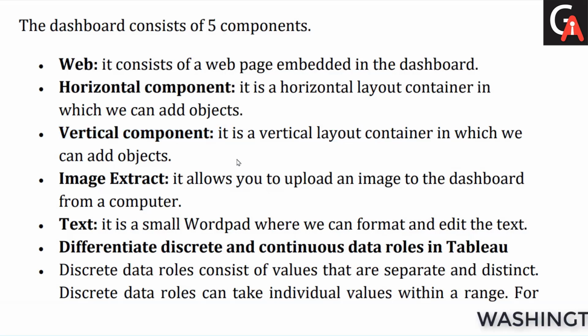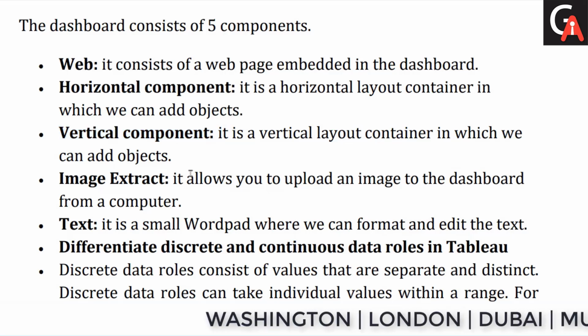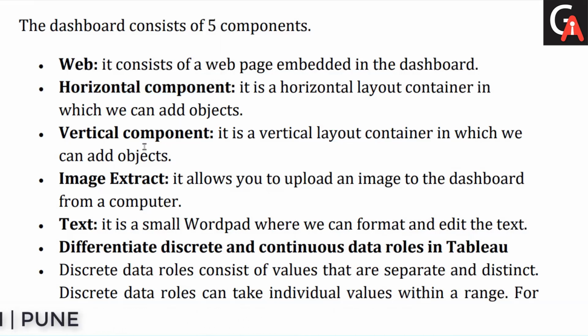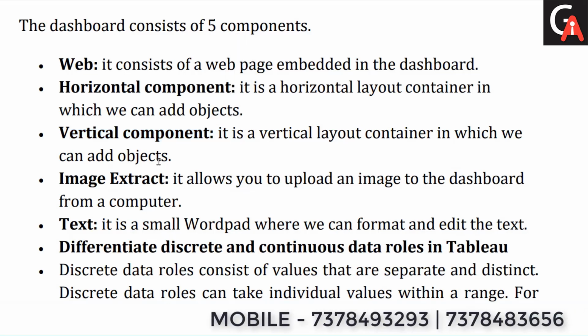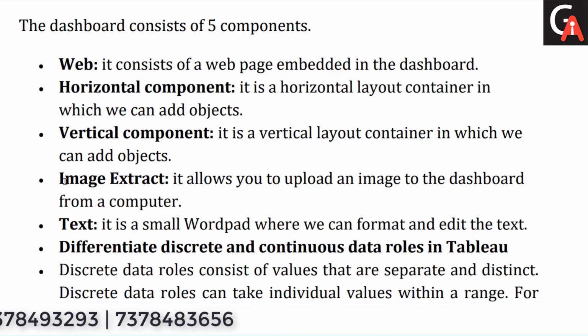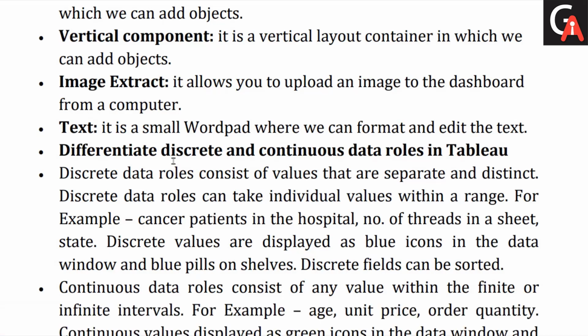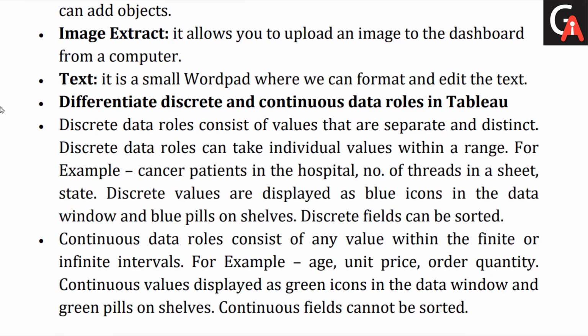It is a vertical layout container in which we can add objects, similar to the horizontal component, such as images, slicers, and filters. Then we have an image extract, which allows you to upload an image to a dashboard from a computer. Then we have text. It is a small word pad where we can format and edit text.